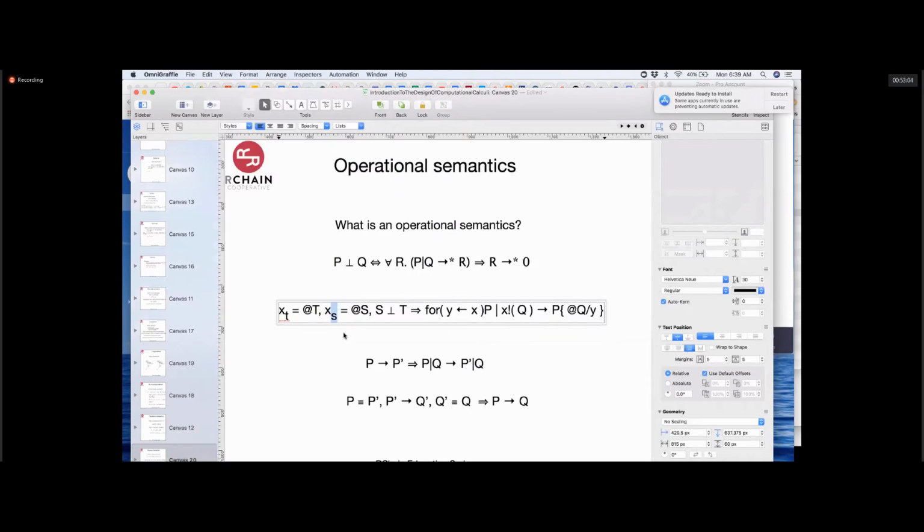Okay. Then we fix this one up, and this should be the target. And this is the source.